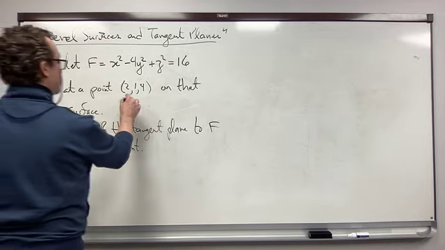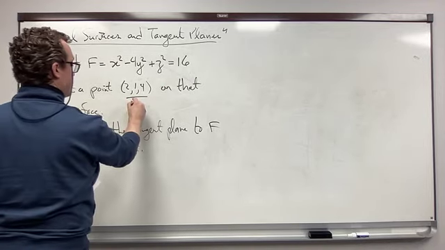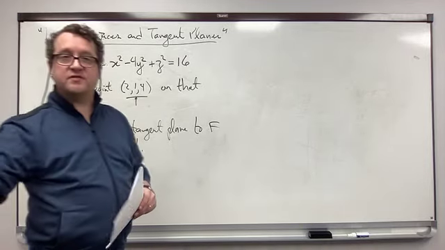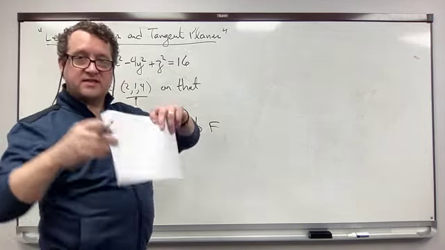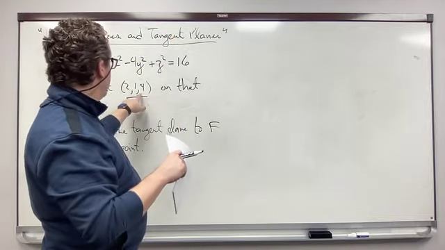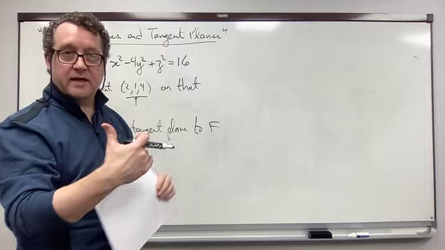I have a certain point, so this is a big surface. I want a specific point on that surface, and at that point, I want the equation for the tangent plane. I'm going to lay this tangent plane right up against the surface at this point, and now I want the equation for that plane.